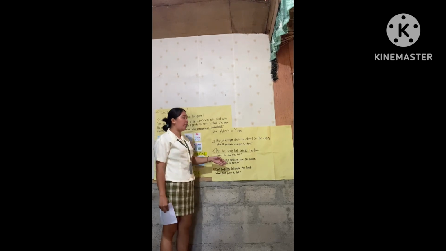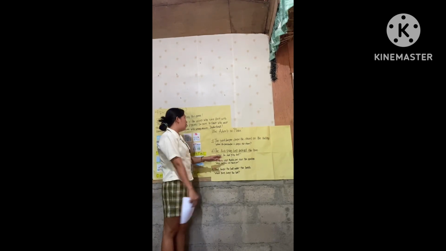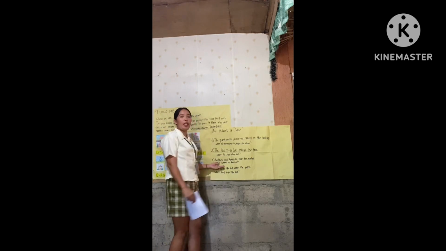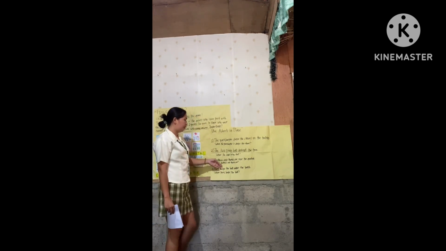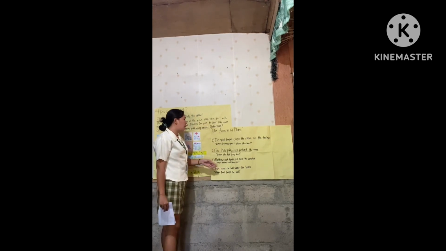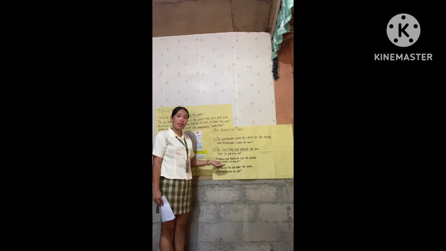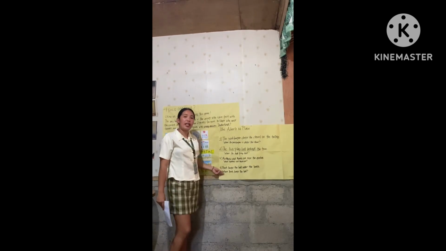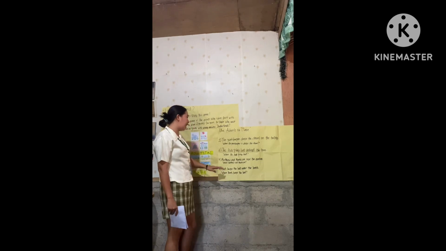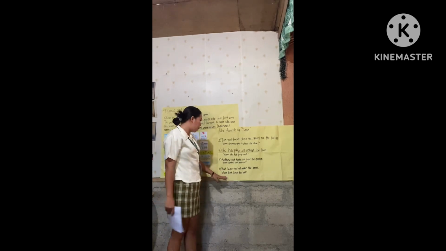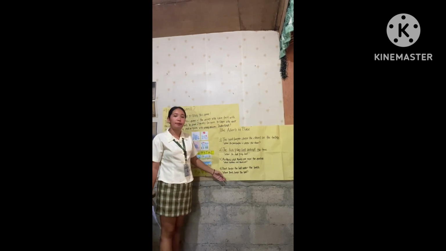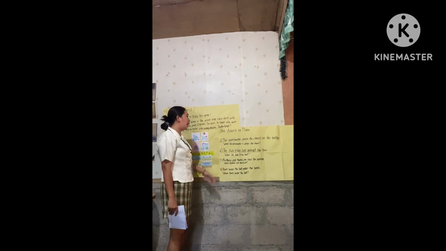Where do the kids play ball? Behind the tree, ma'am. Very good. Number 3. Matthew and Martin are near the garden. Where are Matthew and Martin? Near the garden, ma'am. So the last but not the least is, Bert keeps the ball under the bench. Where does Bert keep the ball? Under the bench, ma'am. Okay, very good.